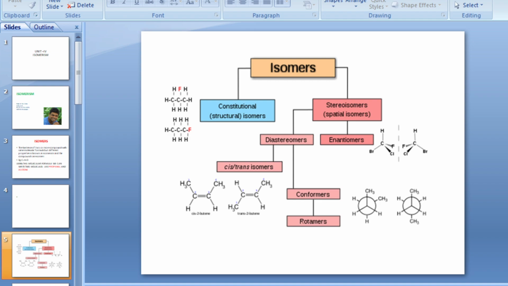In constitutional isomerism, the molecular formula will be same, but the arrangement of atoms or group of atoms, their attachments simply differ. That's constitutional isomerism.